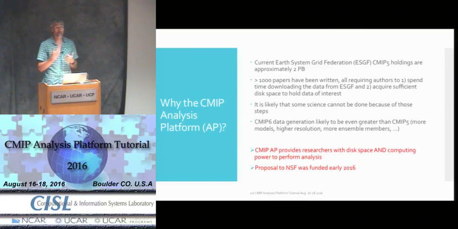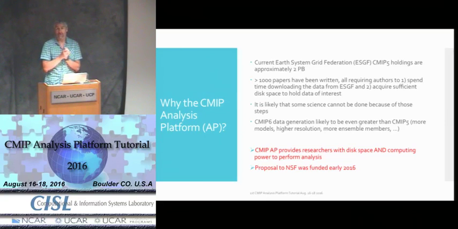And yet, thousands of papers have been written. If you look at the CMIP5 page, there are over 1,200 references listed there. All of those required the authors to spend time downloading the data, which is not a trivial task, and to acquire sufficient disk space to hold the data of interest.